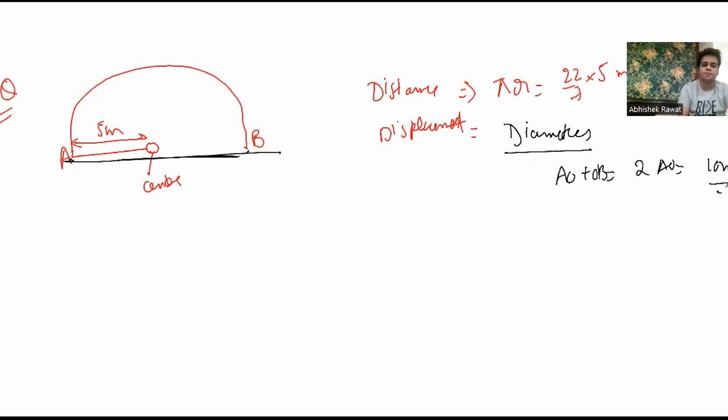That's the answer. In the question, it was also asked to find the velocity and acceleration. These types of questions also come in examinations like NEET, JEE Mains, and Olympiad. So that's the basic concept of distance and displacement. Okay, thank you.